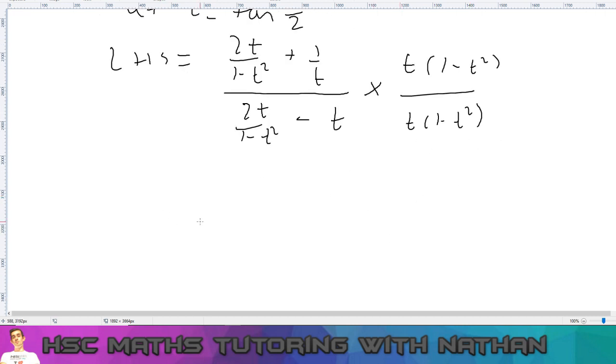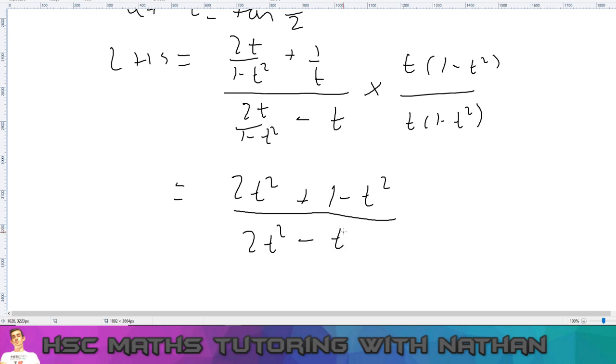So now the left hand side will become 2t squared here, because this 1 minus t squared cancels with that 1 minus t squared, plus 1 minus t squared, because that t cancels that t, over, same thing here, 2t squared minus t squared brackets 1 minus t squared, because there's no fraction here, so you just times that by that.